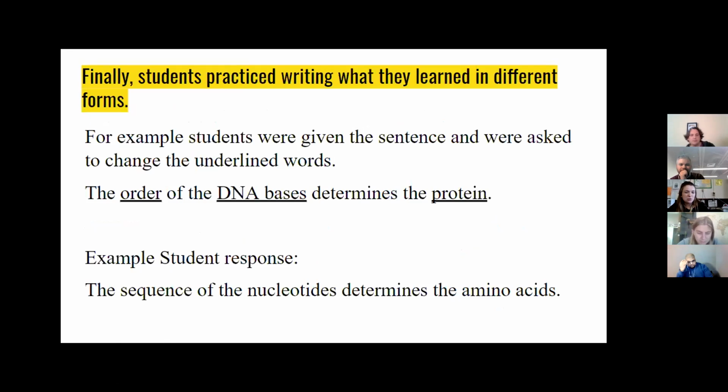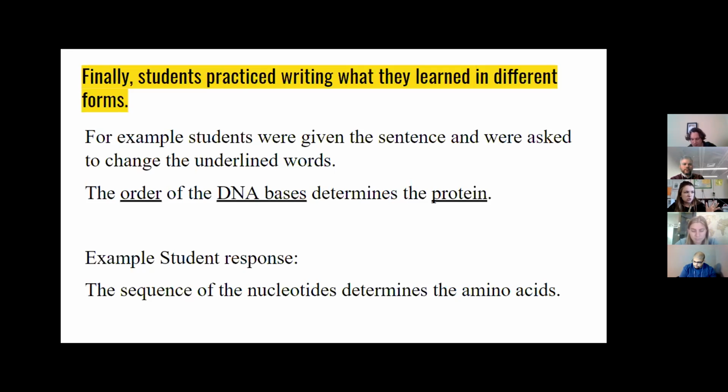I didn't actually use practice questions because honestly, I was having trouble finding practice questions, and they were getting overly similar. I would just give students a sentence, underline words, and have them rewrite the sentence, changing the underlined words. This really pushes how well they understand the vocabulary and how they can apply it in this statement.